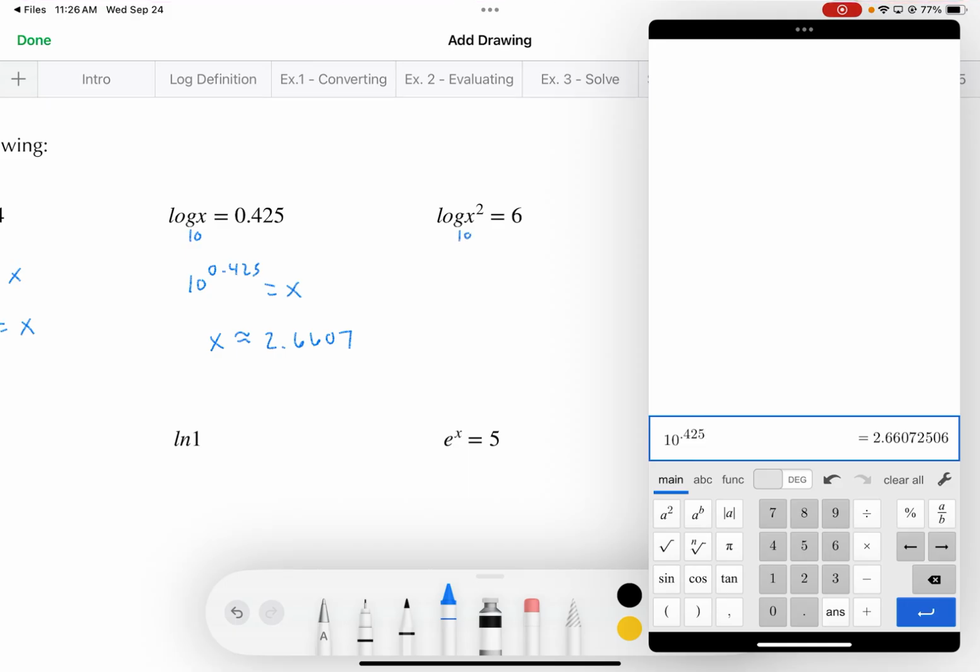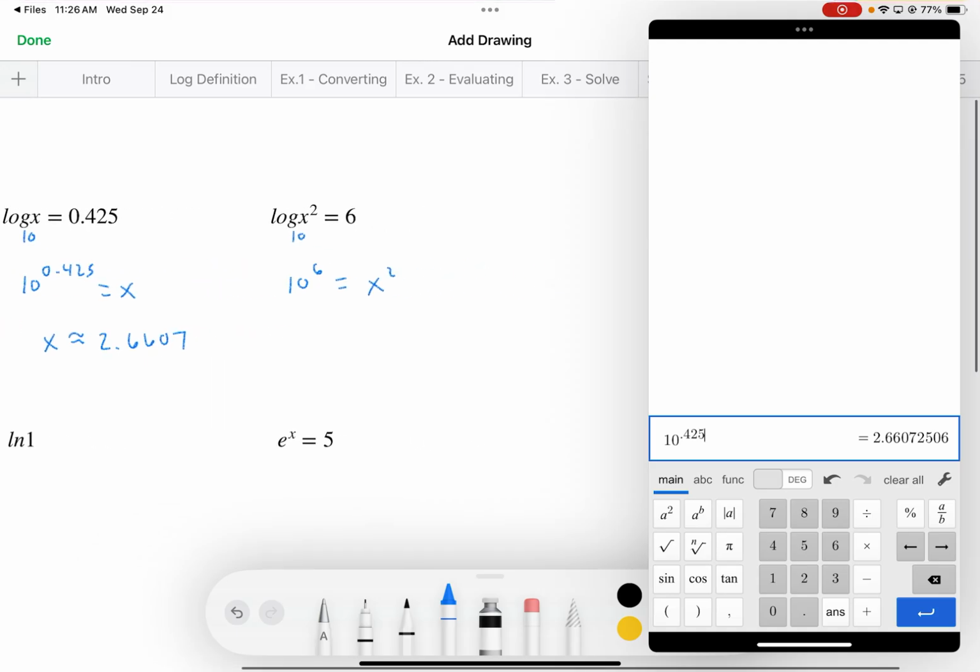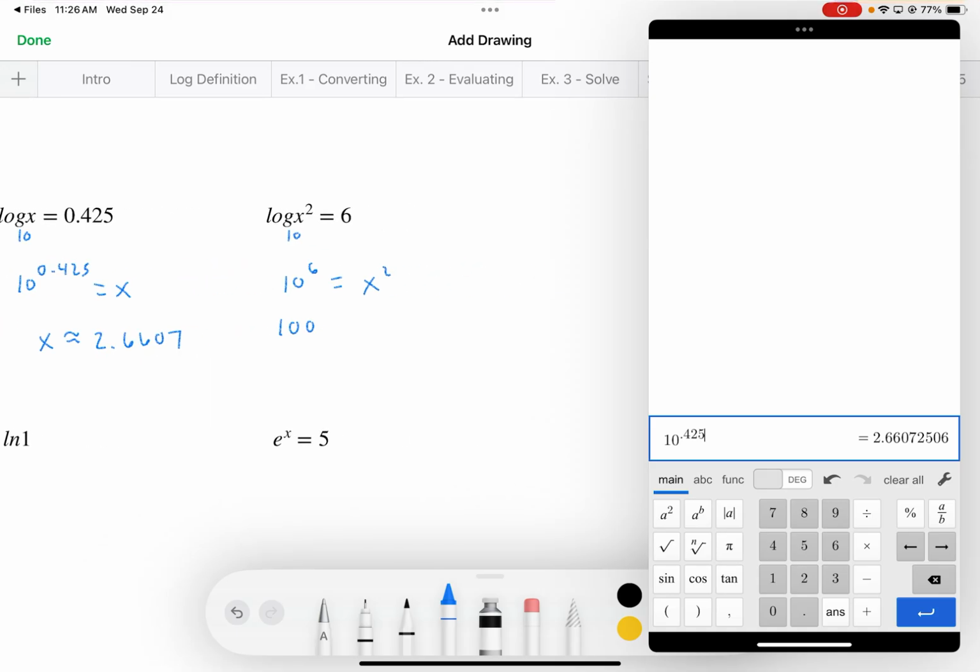Okay, one more common log. Base 10, this is 10 to the 6th power equals x squared. Or 1 million equals x squared. I suppose we could just square root both sides here, or we could set it equal to 0 by subtracting that over.